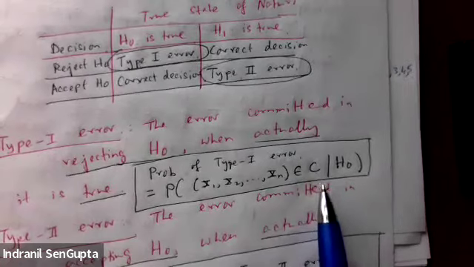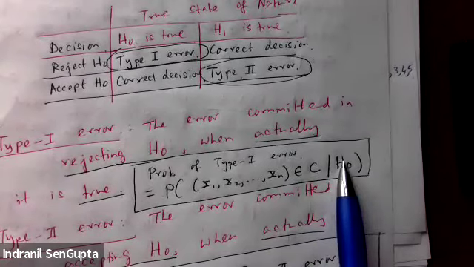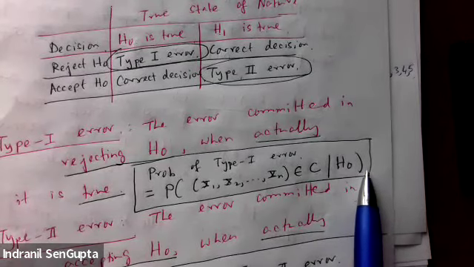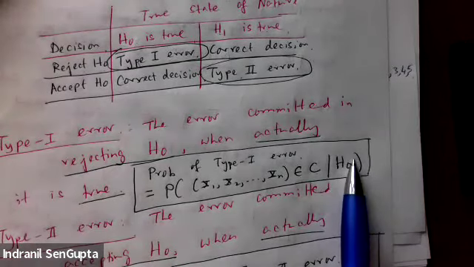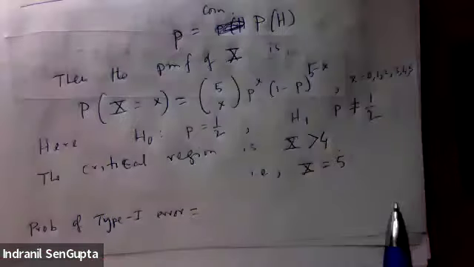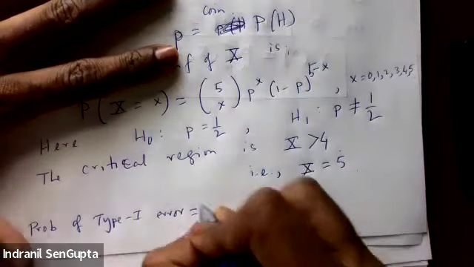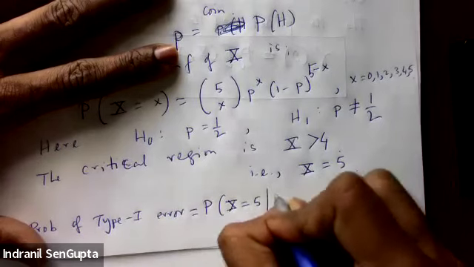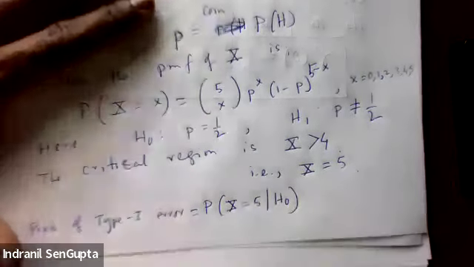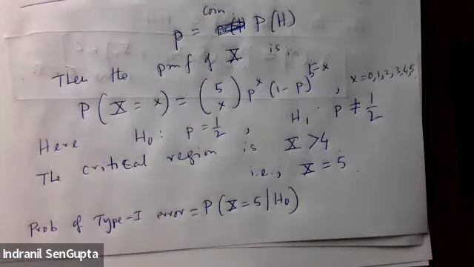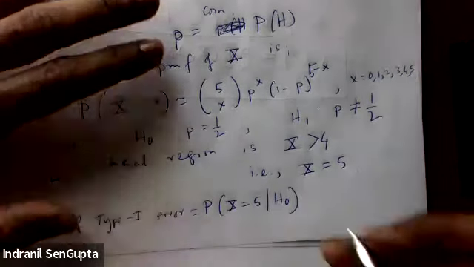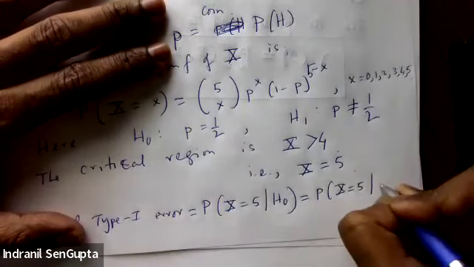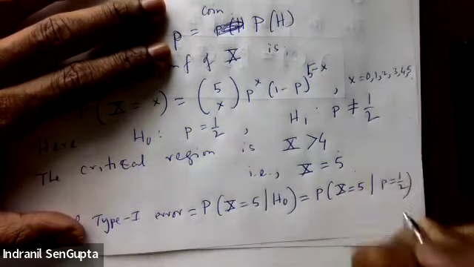And what is H0 under the assumption? Here, H0 is P is half, right? So type 1 error is probability of x equals 5 given H0, right? So that means probability of x equals 5 given P equals 1/2.